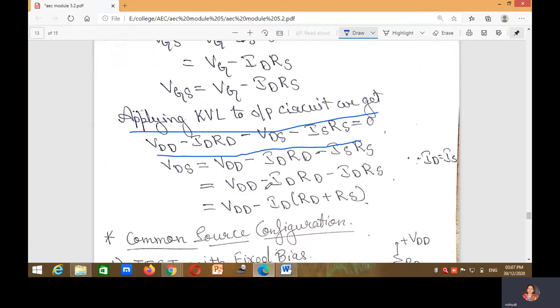Since IS is equal to ID, we can write ID instead of IS. Taking ID common, you get VDD minus ID open bracket RD plus RS close bracket. This is the equation for VDS.